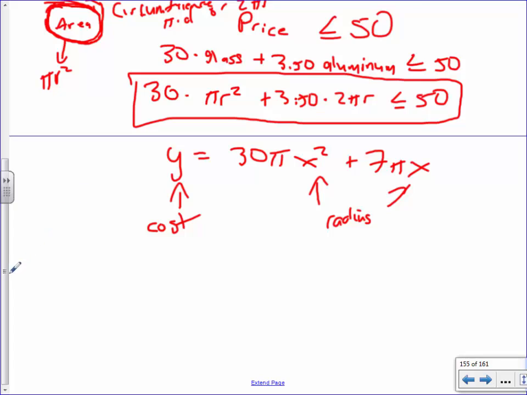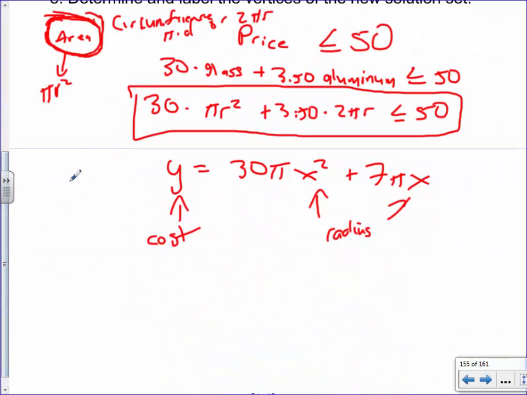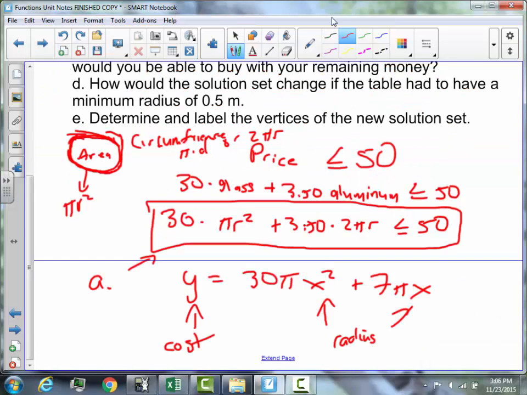So part A, where it asks me to write a linear inequality, I guess I kind of have something that works like this. I'm just going to make the inequality go back to this one right here. Here I say it has to be less than 50, but I'm going to make it x's and y's just so that I can actually plot this thing now. So let's draw a graph.